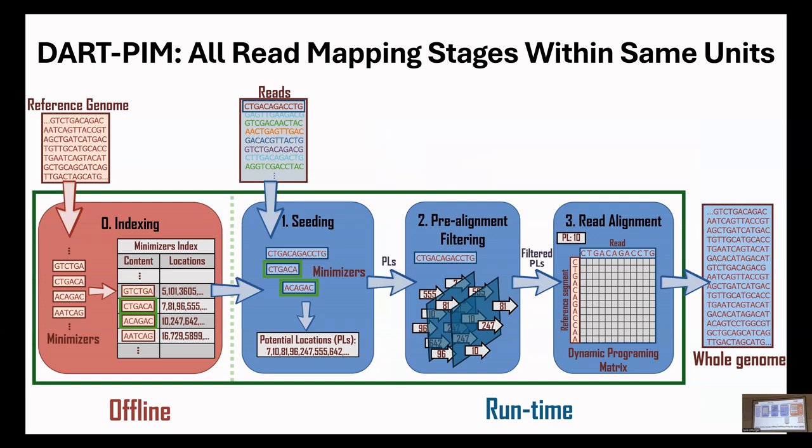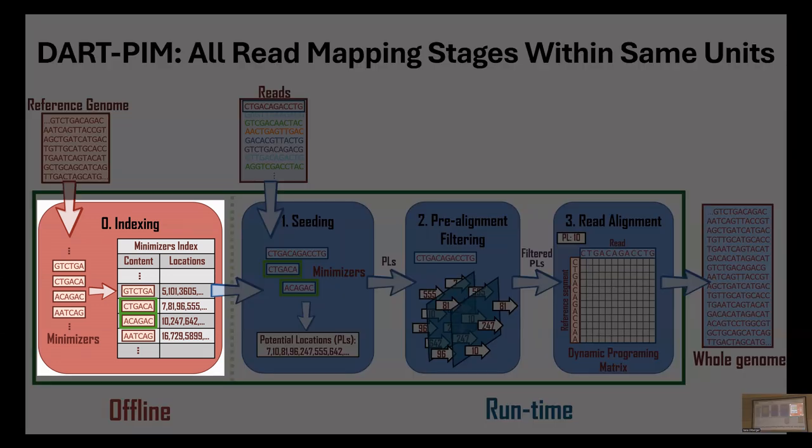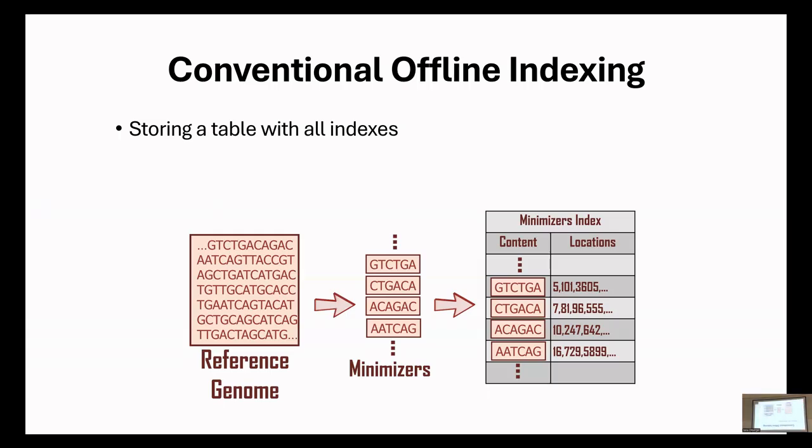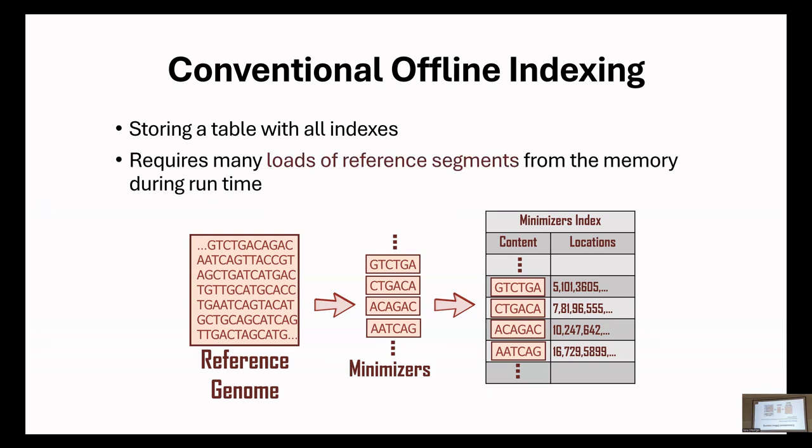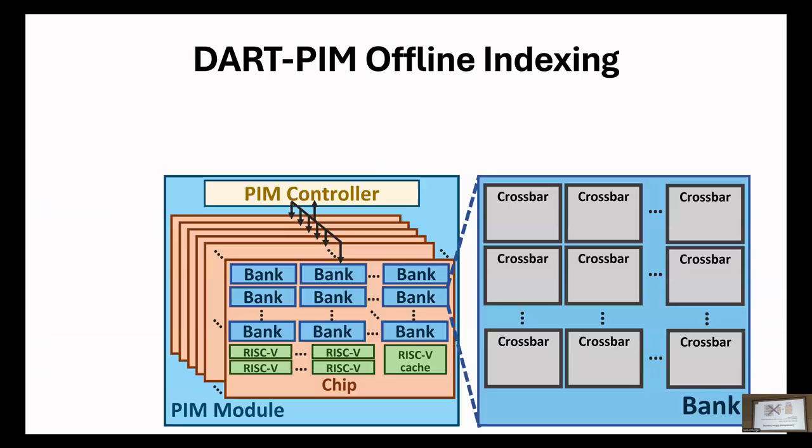Okay. So what are the stages of Dartbeam? We will go one step after the other and see how it is executed in Dartbeam. So we'll start with the indexing. As I said, the conventional indexing stores the table inside the memory, and it requires many loads of reference segments later during runtime. So we are not doing it.